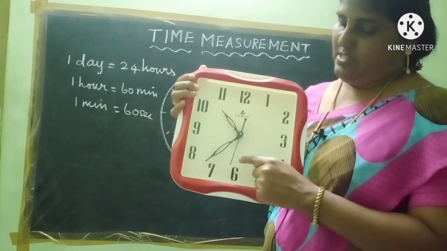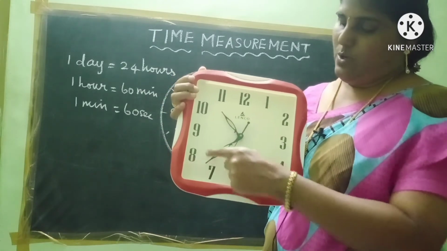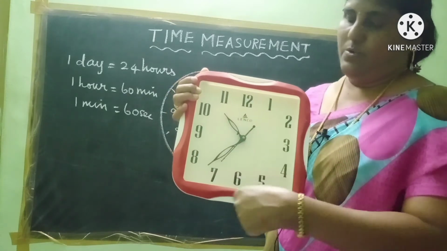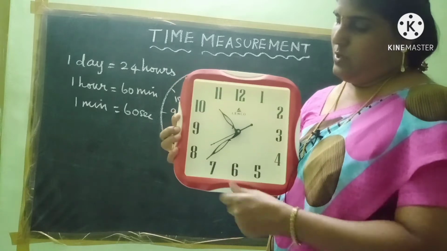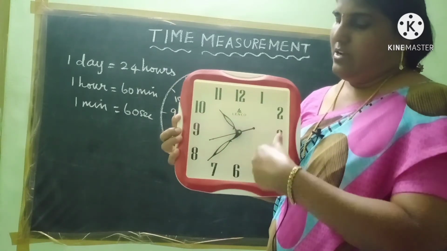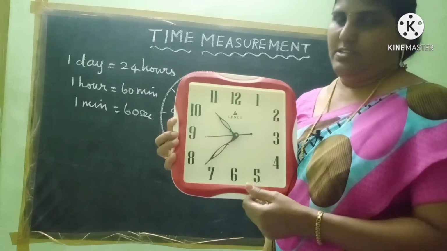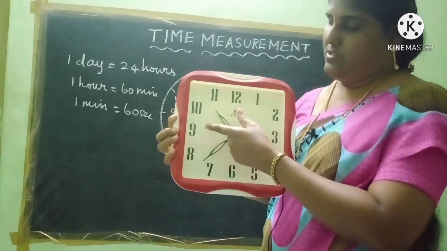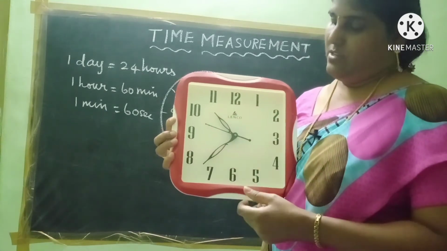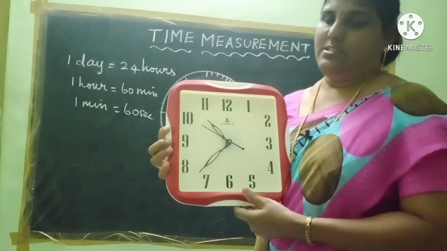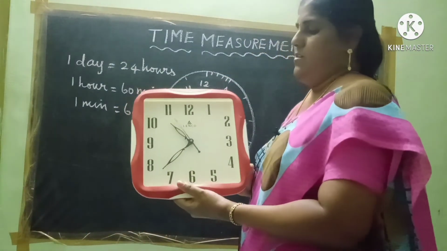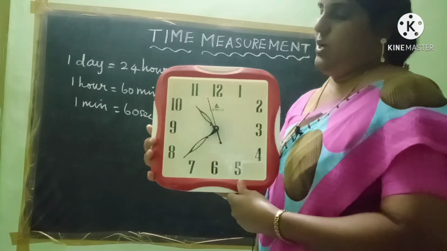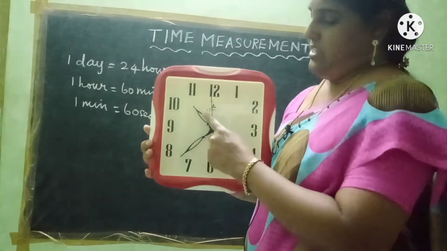Let us see, one more hand is there, which is always going around the clock. So the third one always shows the seconds only. For example, in this clock there are 3 hands.